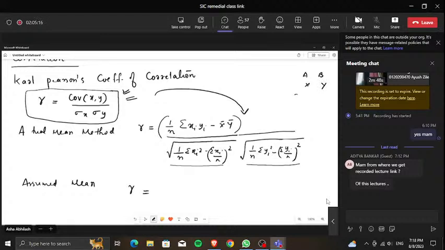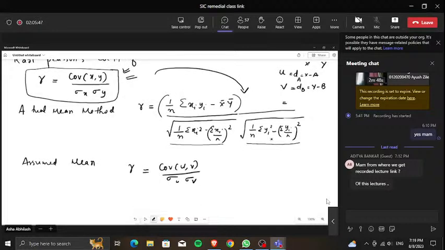Usually dA is equal to x minus A and dB is equal to y minus B. Instead of dA and dB, I'll take them as u and v, so there won't be any confusion. Instead of covariance of xy, it will be covariance of uv divided by sigma u into sigma v if you are using the assumed mean.